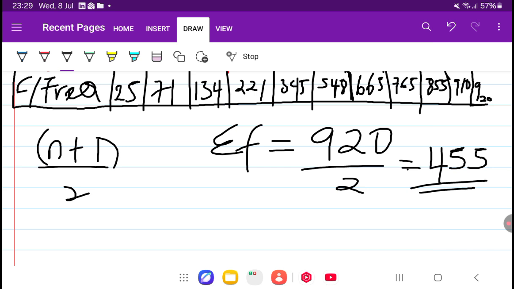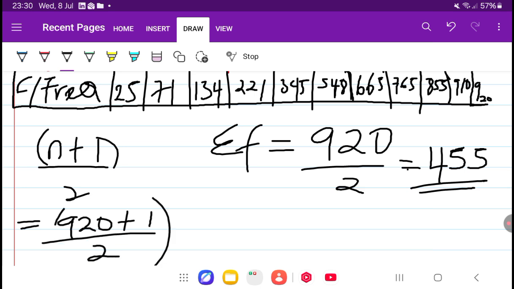Then we know that in between there, that's where that value is. But the difference is that this n plus 1 divided by 2, our n is 920 plus 1, then you divide this by 2. They are all just giving you positions. They are not the real values that we want, but they give you the position.